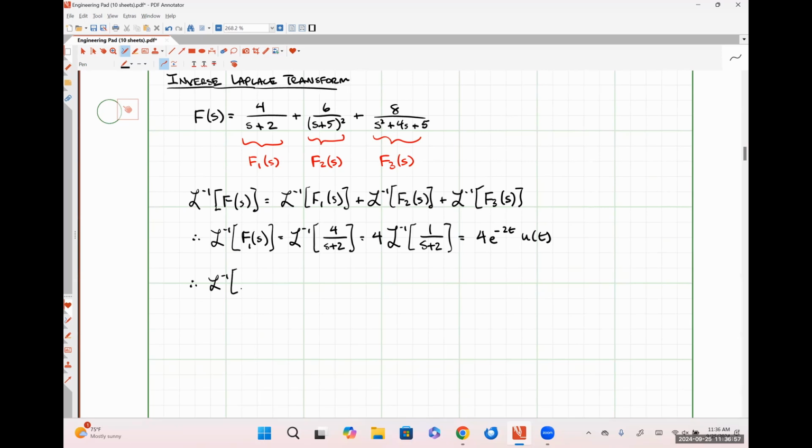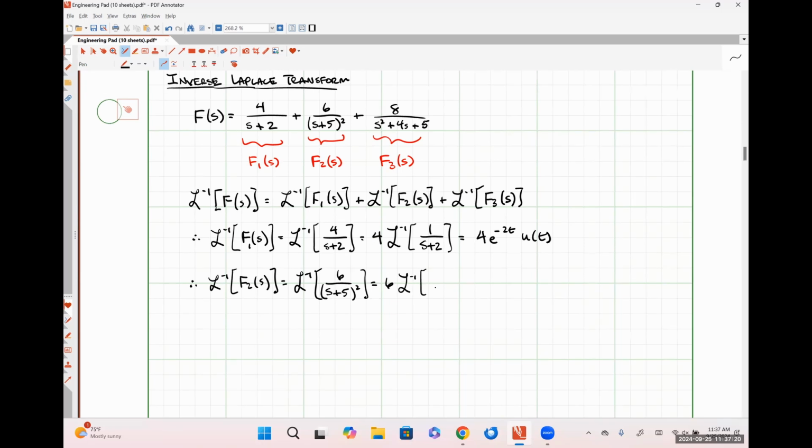The inverse Laplace transform of F2 of s would be the inverse Laplace transform of 6 over s plus 5 quantity squared. Once again, because that doesn't look like something super familiar, I'm going to pull that 6 out.